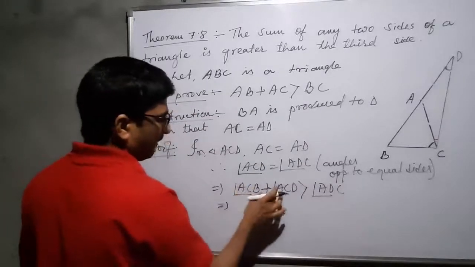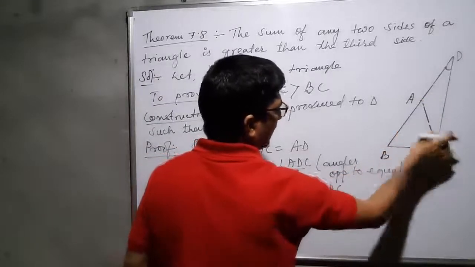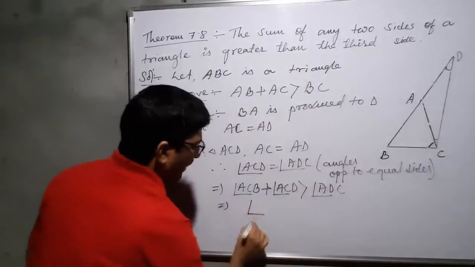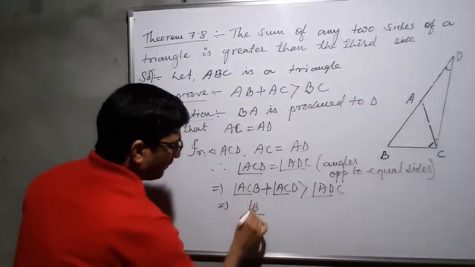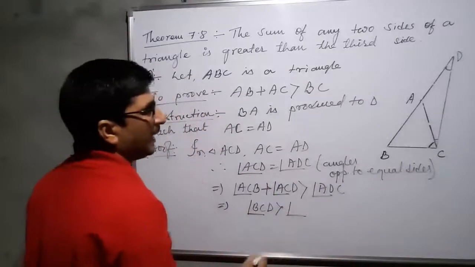ACB plus ACD is this whole angle C. We can write angle BCD is greater than angle ADC.